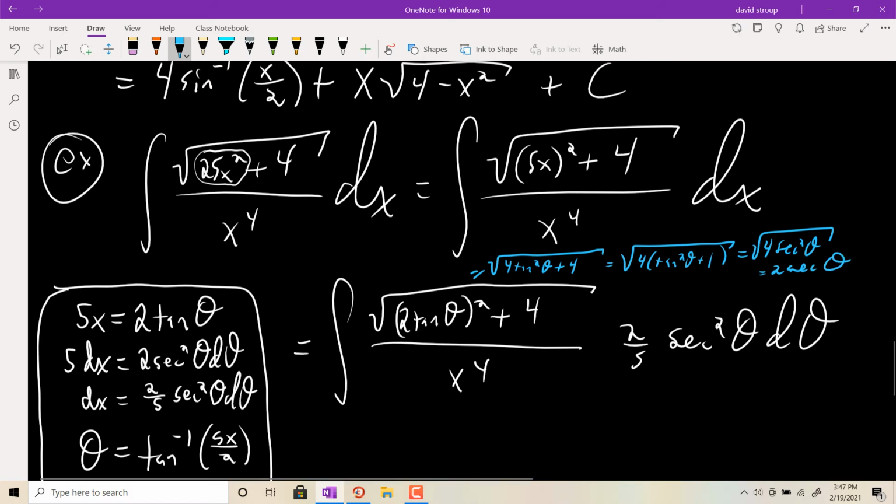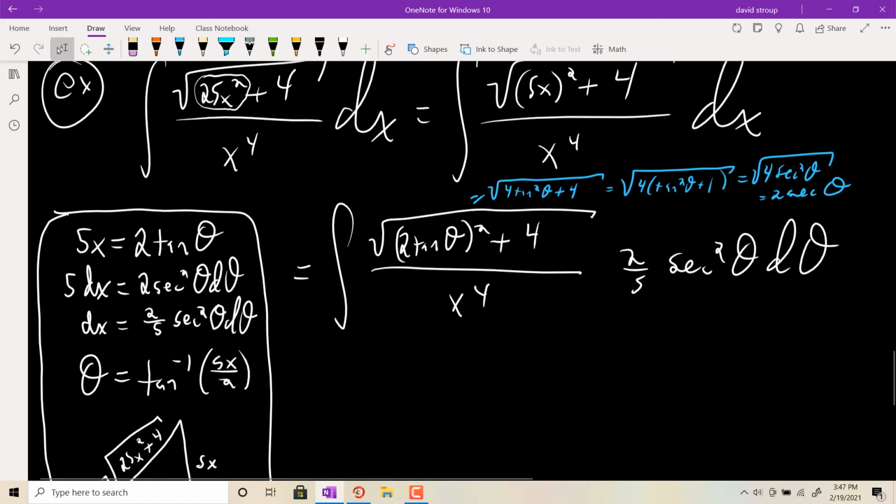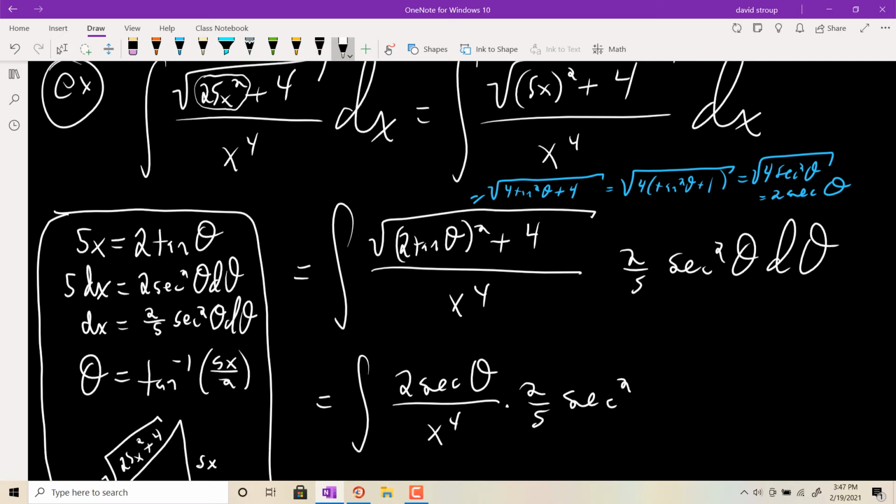Okay, so that numerator will just be 2 secant theta. So I'm going to replace it with 2 secant theta up top, all over x to the 4th times 2/5 secant squared theta d theta.